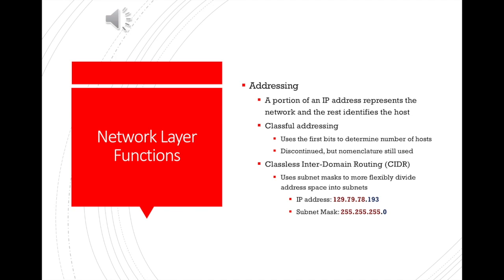So let's look at this IP address below, 129.79.78.193. Because of its subnet mask, 255.255.255.0, we know that this is a Class C network in which the first three positions are represented in full.